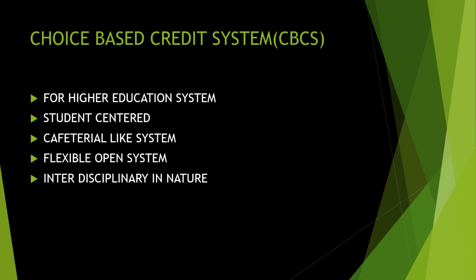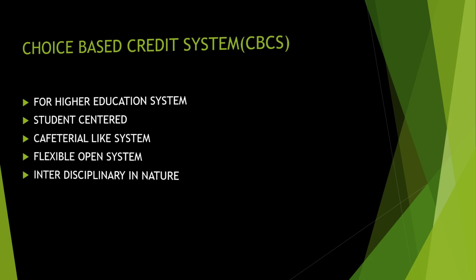It is mainly apt for the students, very student oriented and very flexible. And interdisciplinary means we can take a lot of choices. More areas are covered, so students get different types of areas to cover. So you have to keep these points in your memory about this choice based credit system.